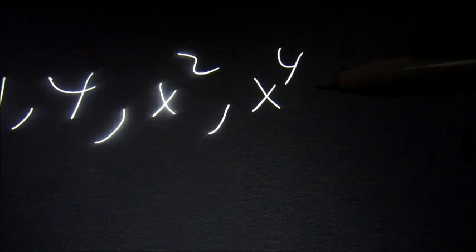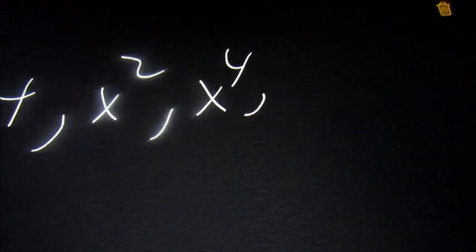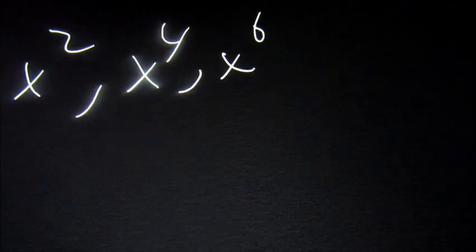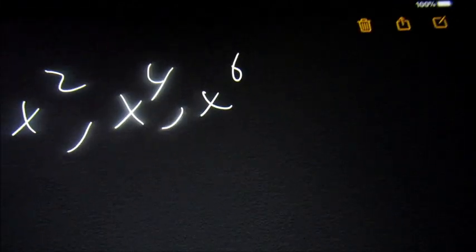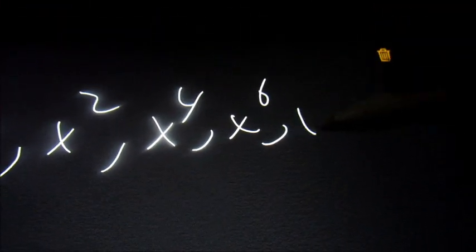Square root is 1. 4 is a perfect square. Square root is 2. X squared is a perfect square. The square root is x. X to the 4 is a perfect square. The square root is x squared. X to the 6 is a perfect square. Square root is x to the 3.